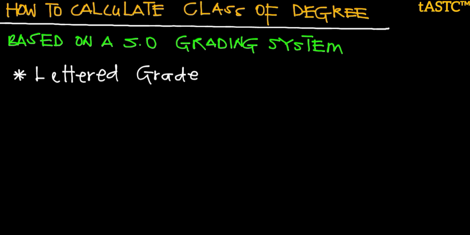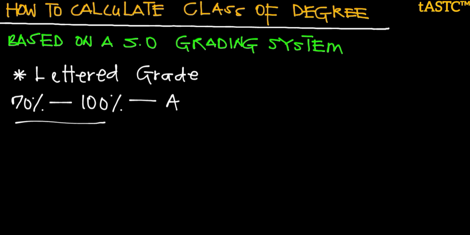So let us say that you have a university standard that takes 70% through 100% range of percentages or of results or scores or marks to be graded as an A. This is what is called the lettered grade.